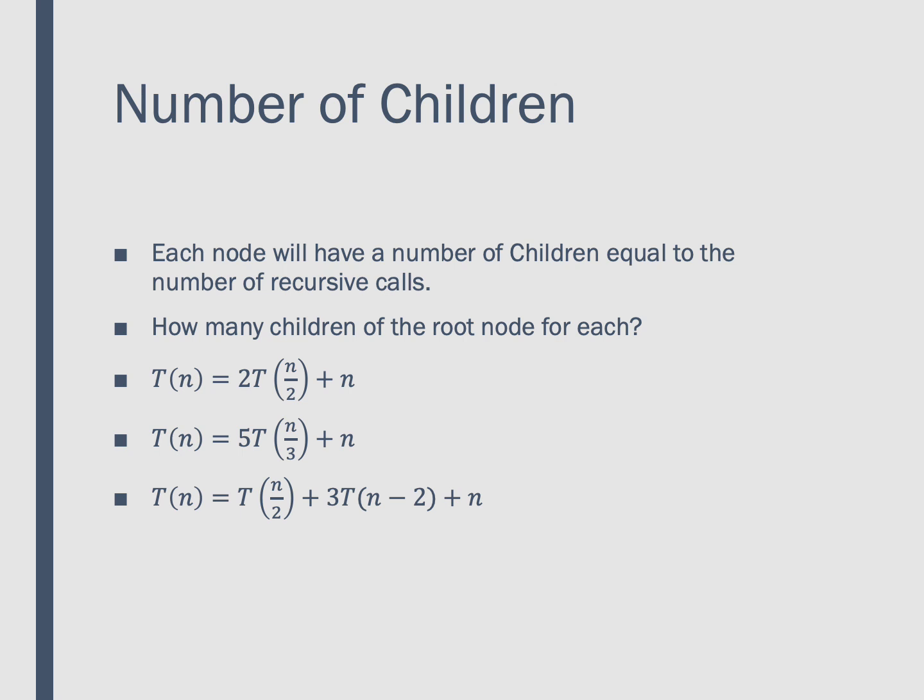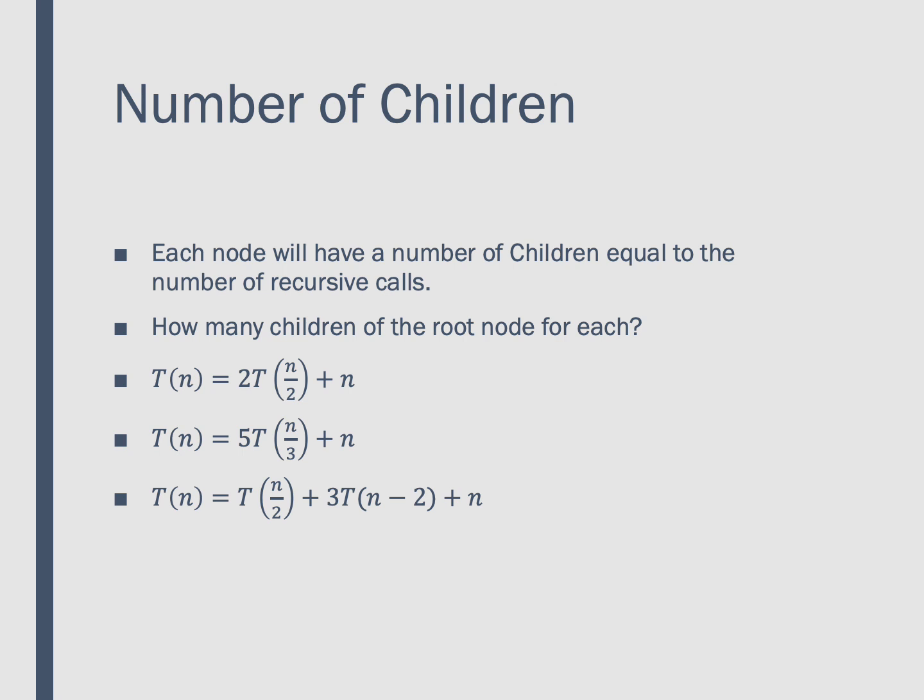Number of children. Each node will have a number of children equal to the number of recursive calls. So how many children does the root node have for each? First we have Tn equals 2T(n by 2) plus n.